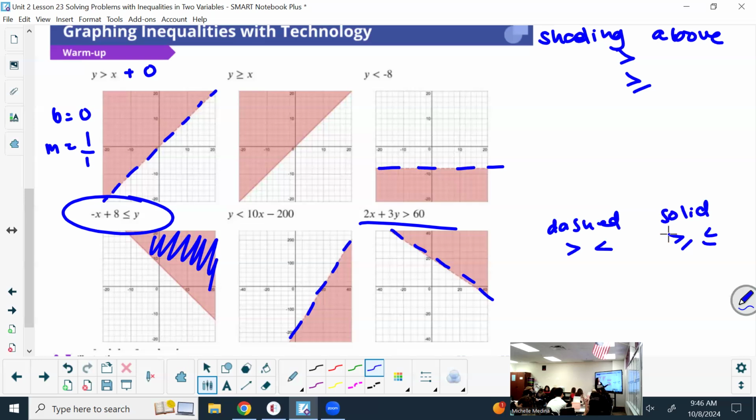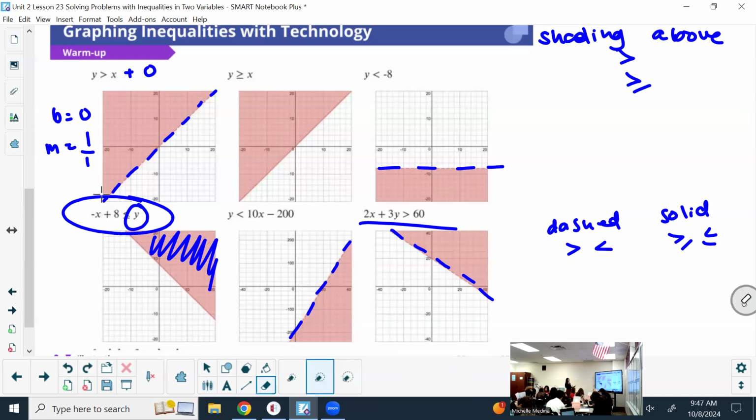I can shade above when it has a line underneath or not. What do I look at to tell me if I shade above? Wait. So if I rearrange it with the y on the other side, now it's above, but it needs to be in relation to the y, is what I was trying to get you all to say.